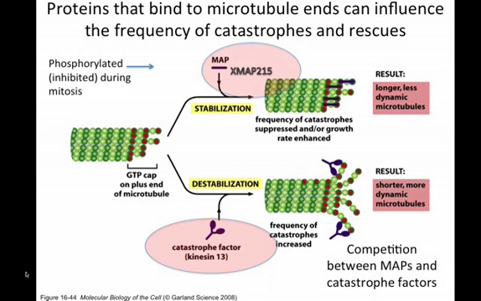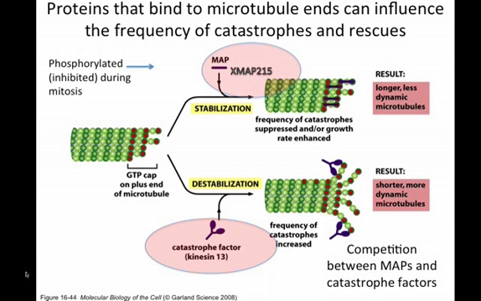Well, it depends on where you are in mitosis. You have a period of time where you have highly dynamic microtubules because you're reaching out trying to find your chromosomes. And then there's a highly dynamic period where you're segregating your chromosomes. Well, you're probably going to activate a catastrophe factor then, I guess. Okay?